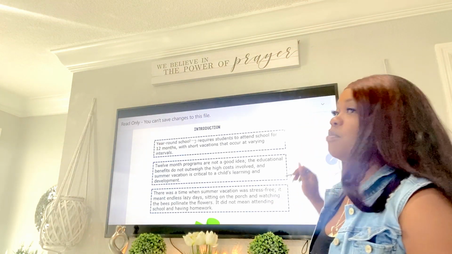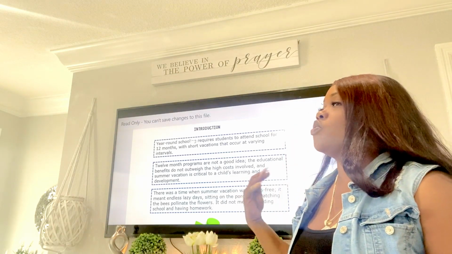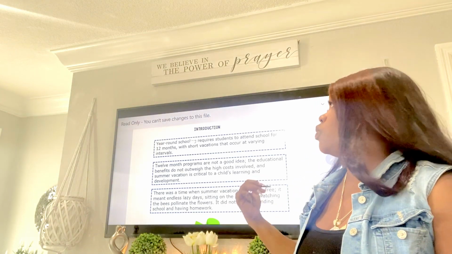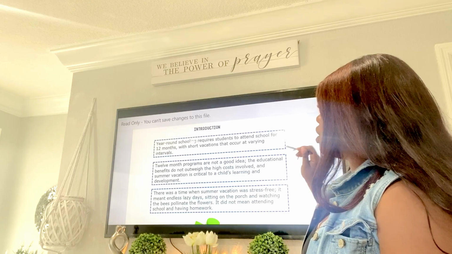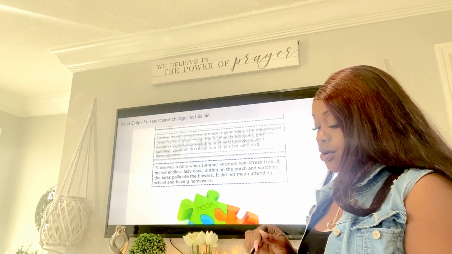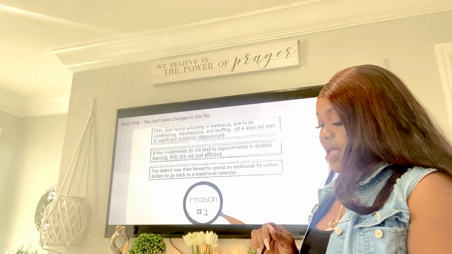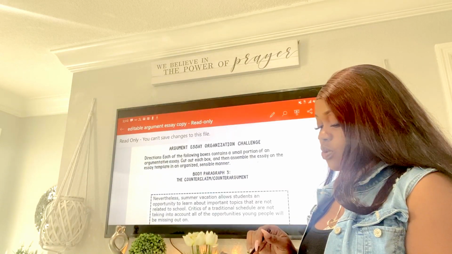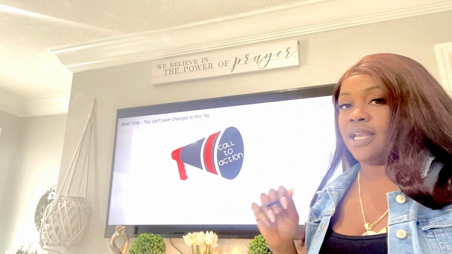But if they can print it out, you're going to rearrange the introduction pieces in the correct order. Okay, now you have the notes that would support this work. So you're going to take the time and rearrange these in the right order because they're not in the right order. Okay, and that's for the introduction, body paragraph, and reason 1, reason 2. And I think this one is your counterclaim and your conclusion. Okay, so that's it for that.